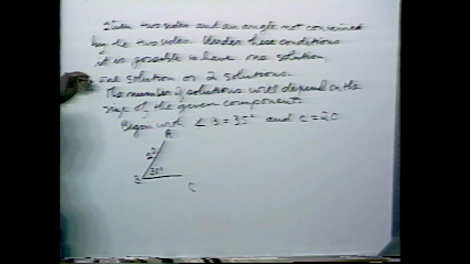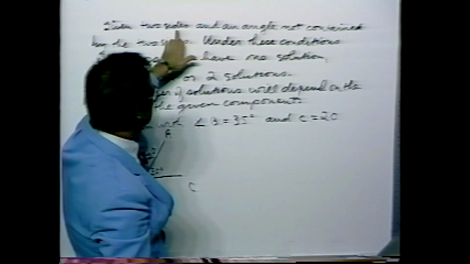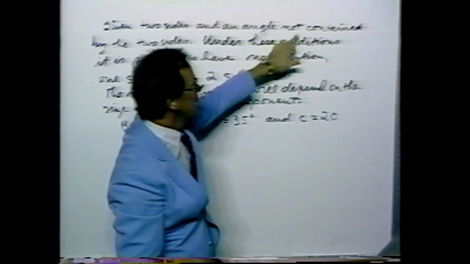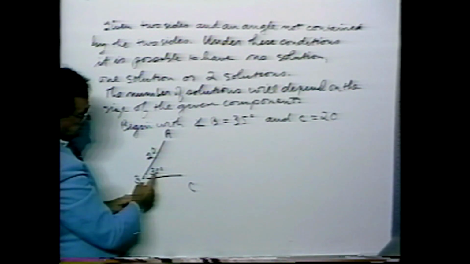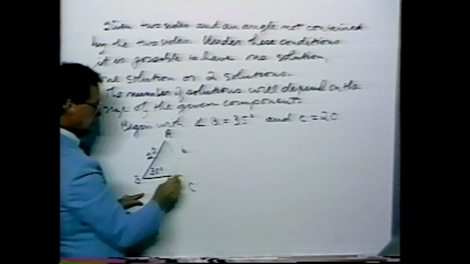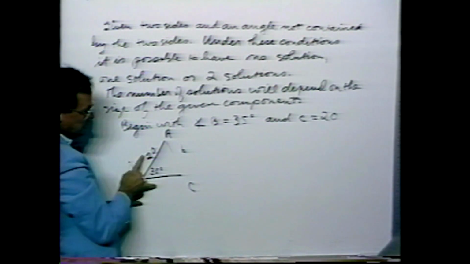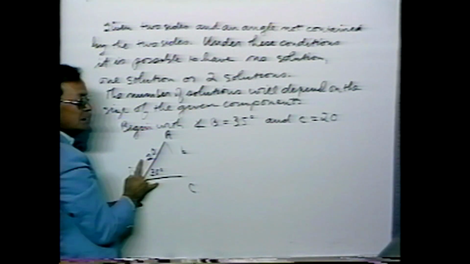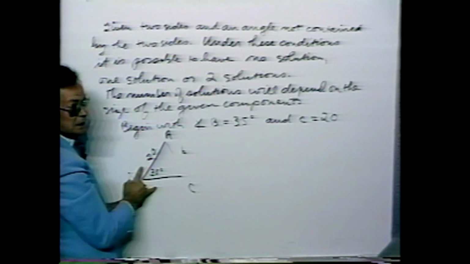This is 35 degrees. Now, if we're given two sides and an angle not contained by the two sides, the other side given must be side b. Because if a were given, then 35 degrees would be made up by the arms of the sides c and a, and it is a contained angle.